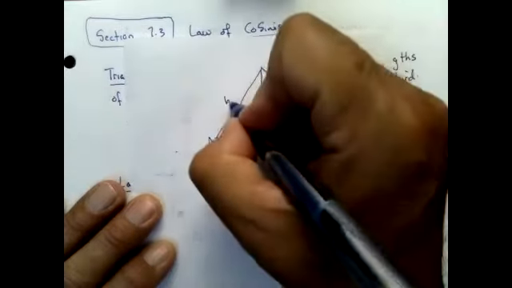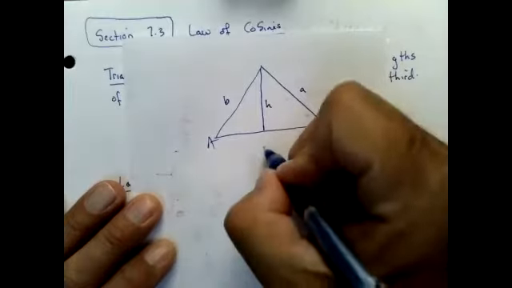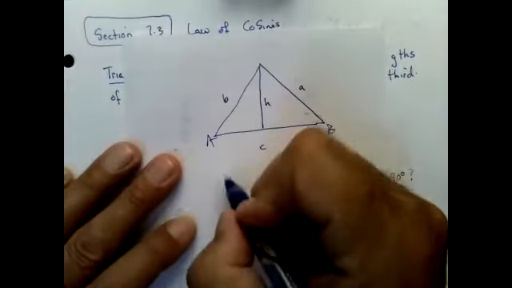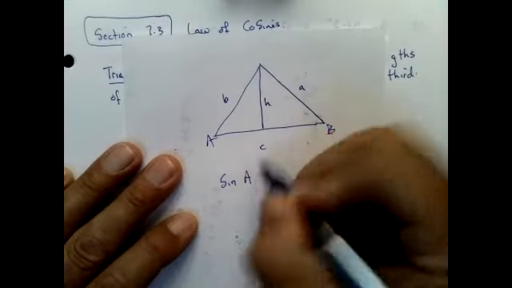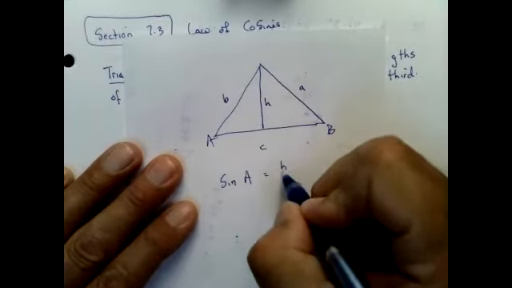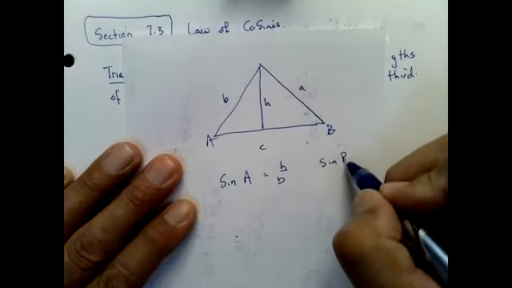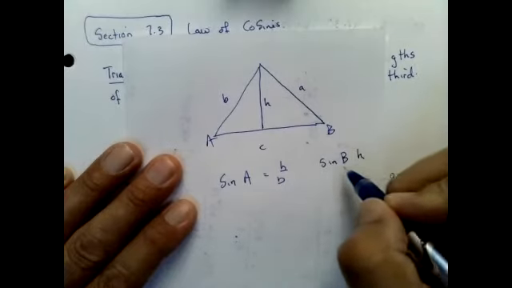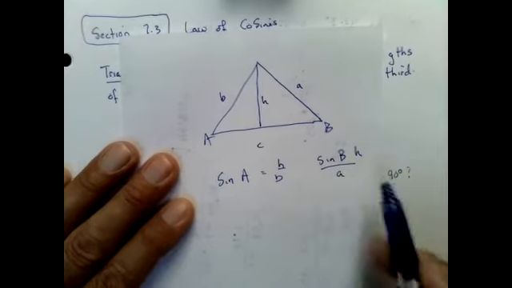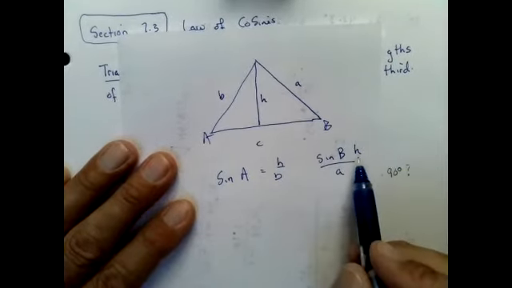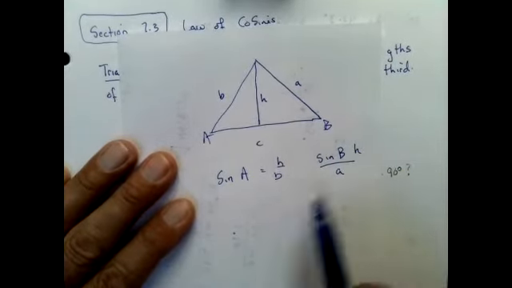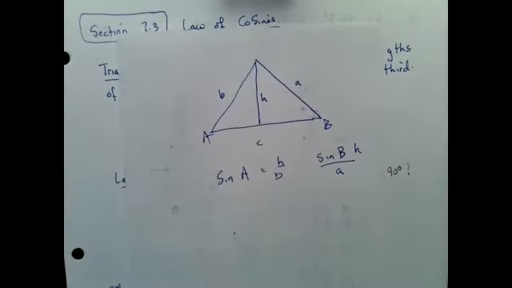This is little b, this is A, this was little c. When we said the sine of A, that's H over B. And when we said the sine of B, that was H over A. And if we got the H's alone and set them equal to each other, did a little work, that's where the law of sines came from.